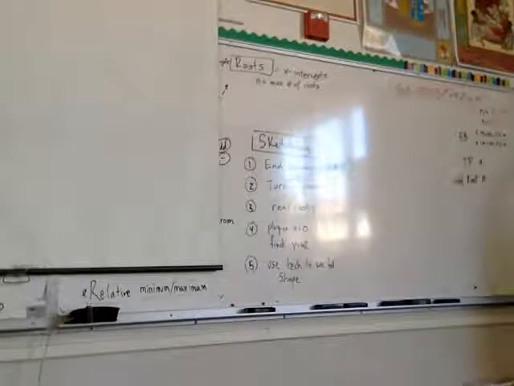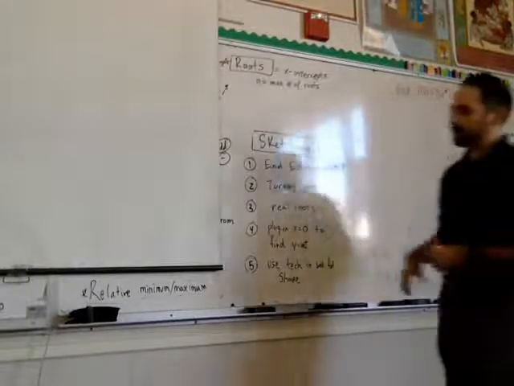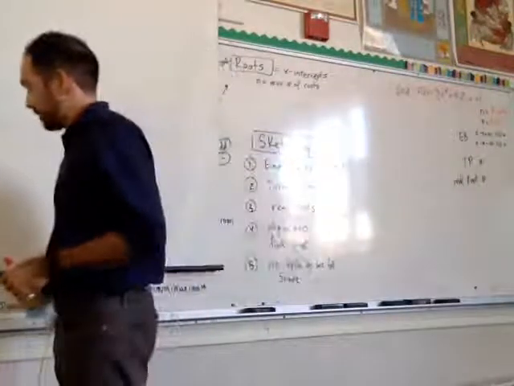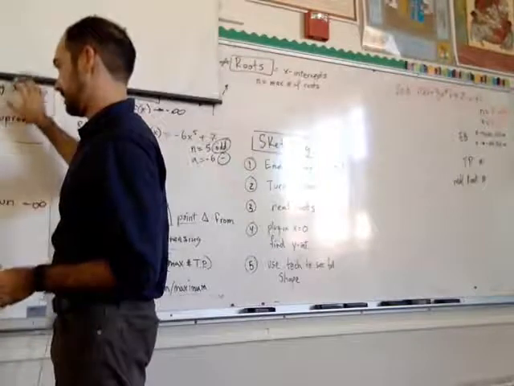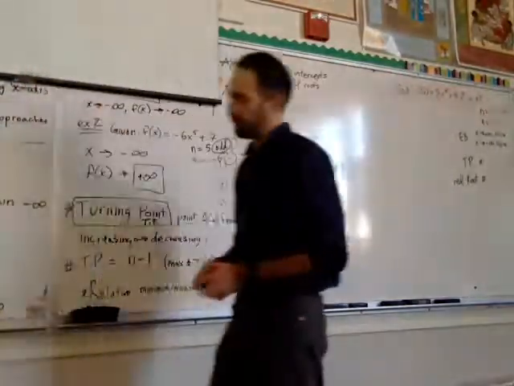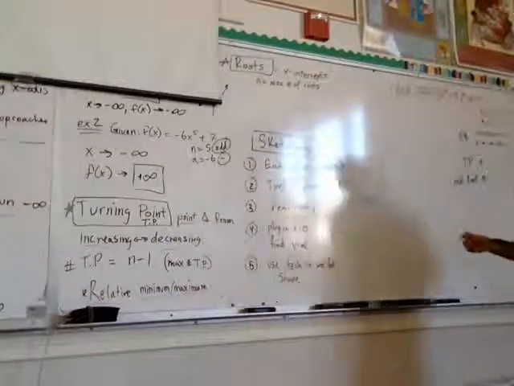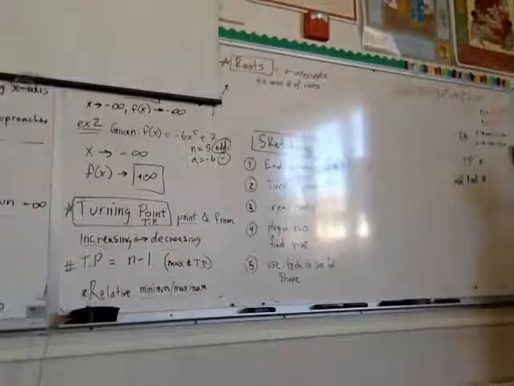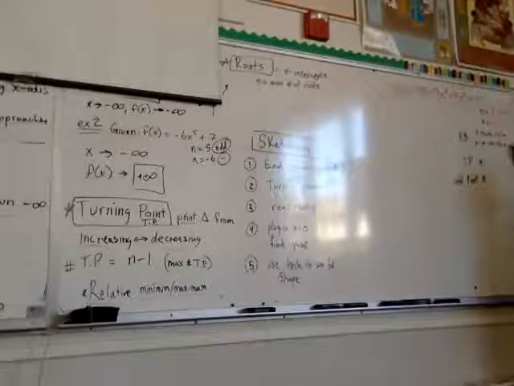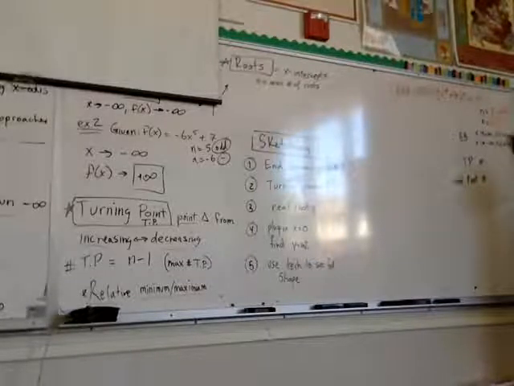Odd, positive. Which one of our boxes did that fit into? 1, 2, 3, or 4? What do you say? Odd, positive, right? So as it approaches negative infinity, we start going towards negative infinity. It looks like towards positive is positive.